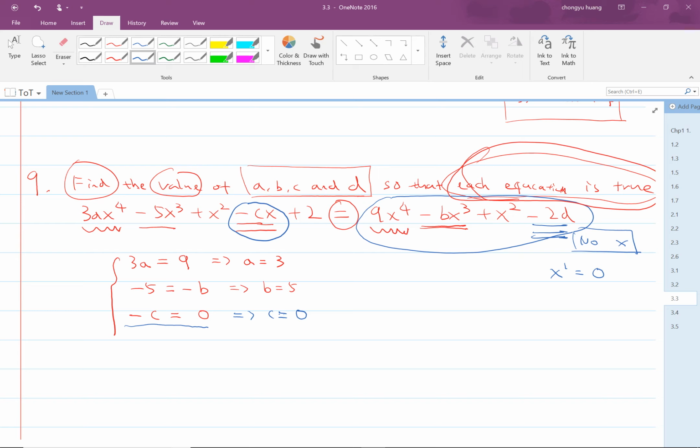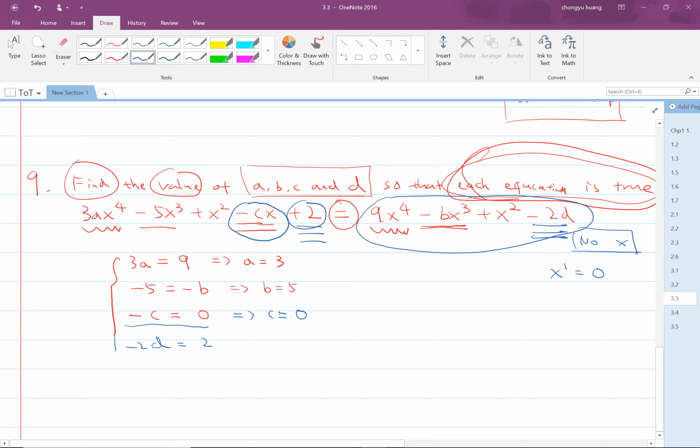And then on the left hand side, there's a positive 2, so plus 2 is actually a value, which indicates negative 2d is equal to 2. Let me repeat one more time.